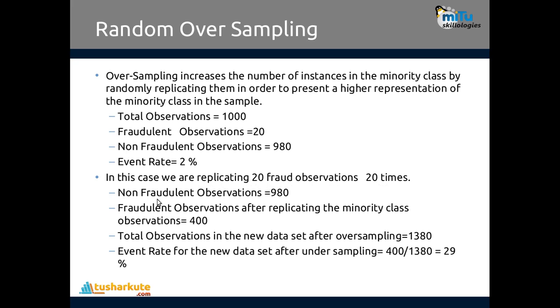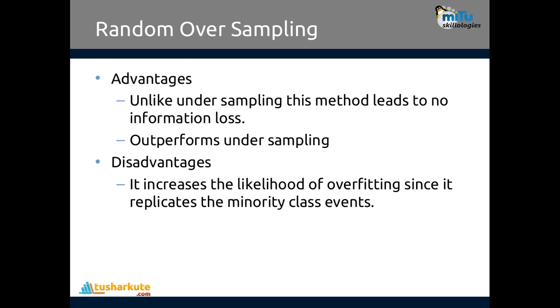So with 980 non-fraudulent, the minority class becomes 20 times 20, that is 400. Total observations in the data set will be 1380, and now out of 1380, 400 are fraudulent. So 29% is in one class and the remaining 71% in the other class. That is what we term random oversampling. This way random undersampling and random oversampling perform their operations.